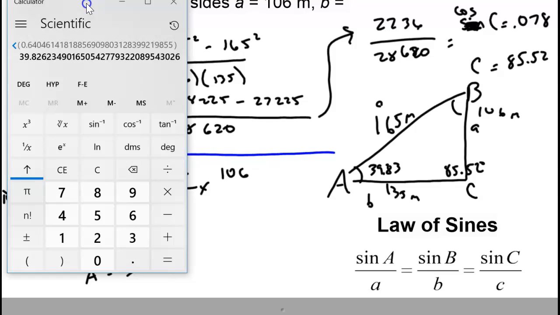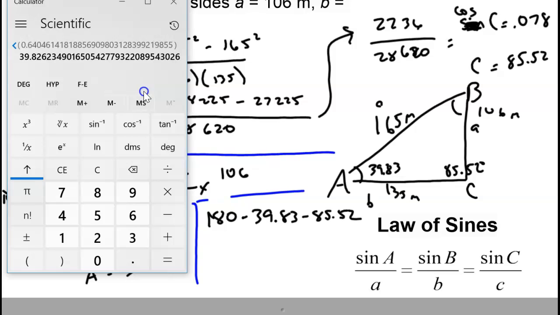Now the only thing we need to find is angle B, and we can do that without a whole lot of fuss, because we know from our interior angle theorem that it's 180 minus 39.83 minus 85.52, because we know those angles already.